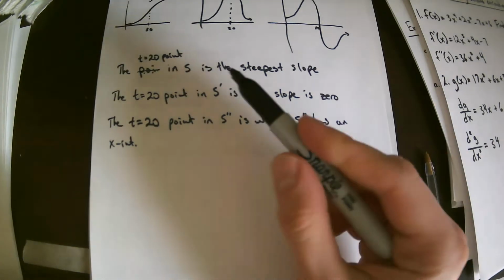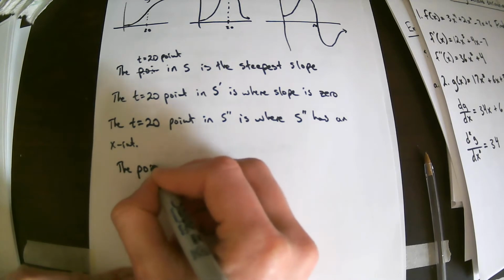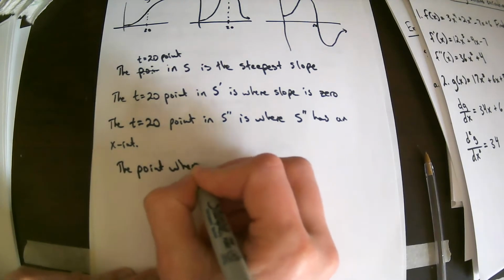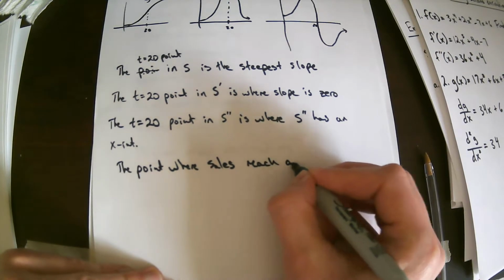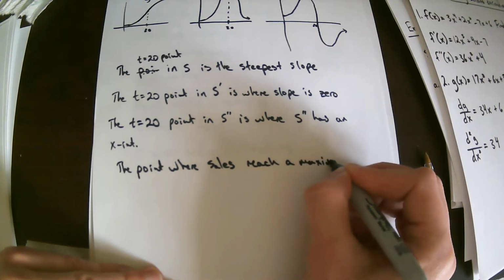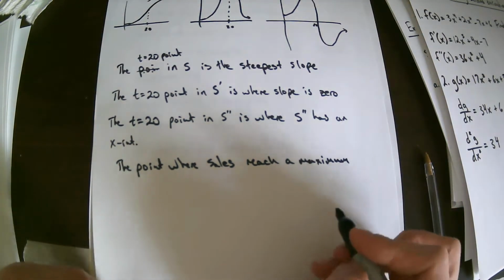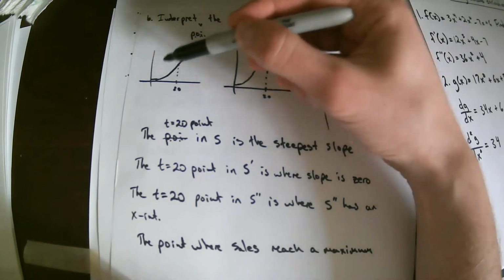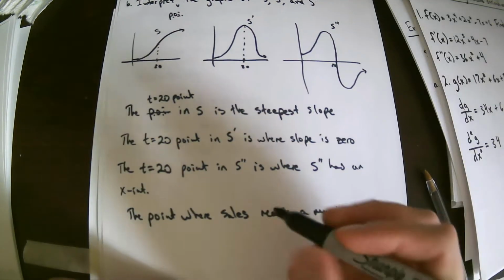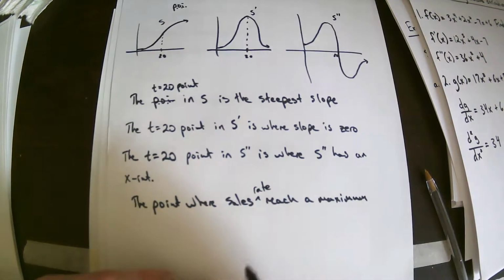But this point, when we're talking of sales, the point where sales reach a maximum, which for the original graph is the steepest slope, right? Sorry, not where sales, sorry, that's a big difference.